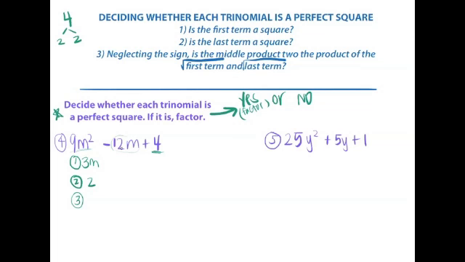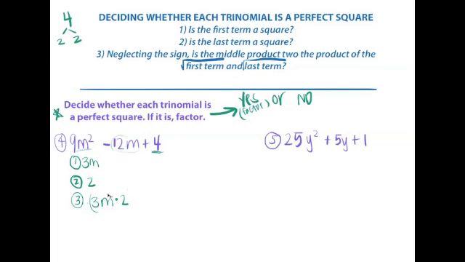Is the middle term 2 times the product of the first term's root and the last term's root? The square root of the first term is 3m, which you told me. You take whatever you get in step 1, multiply it by whatever you get in step 2, and then multiply that by 2 on the outside. That's basically what step 3 is saying.